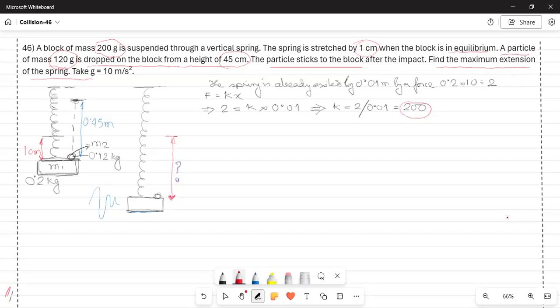Then the spring is already extended, so it is already containing a potential energy.